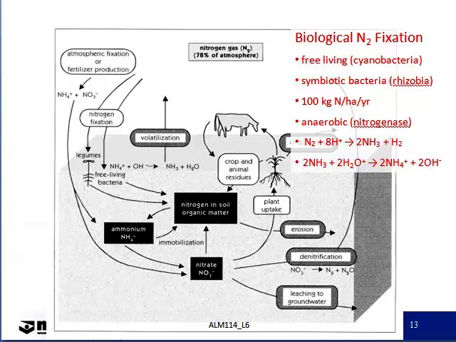As stated in the last slide, nitrogen gas is biologically inert, but it can be converted to biologically active compounds. This is called nitrogen fixation. The forms that it is converted to can then become available to plants.